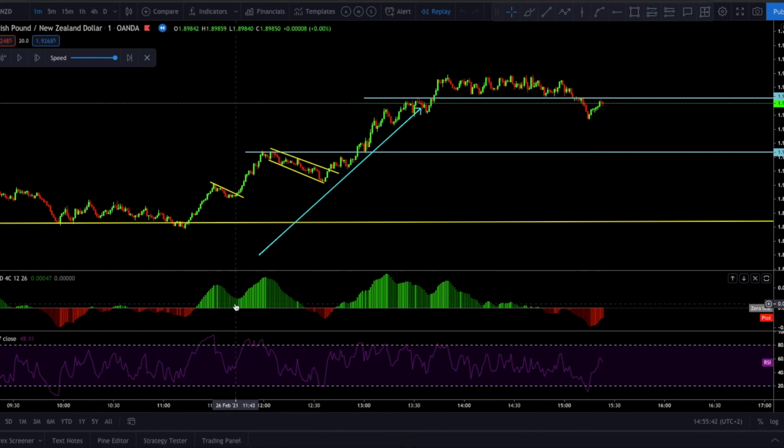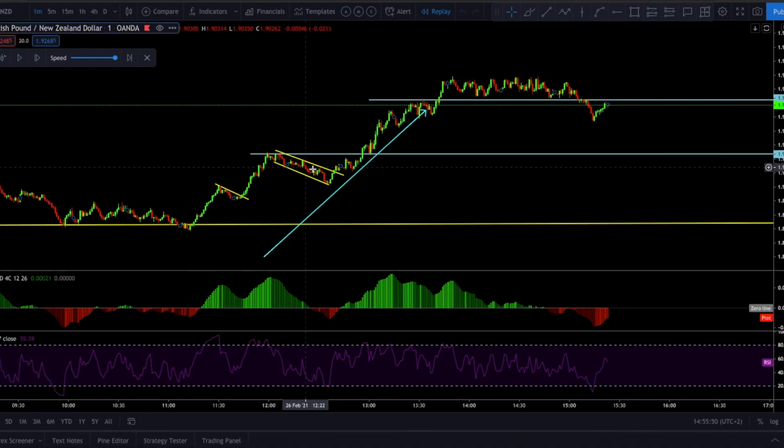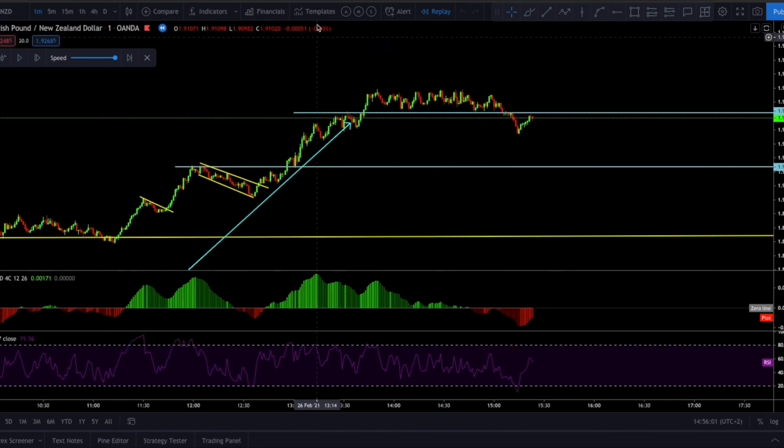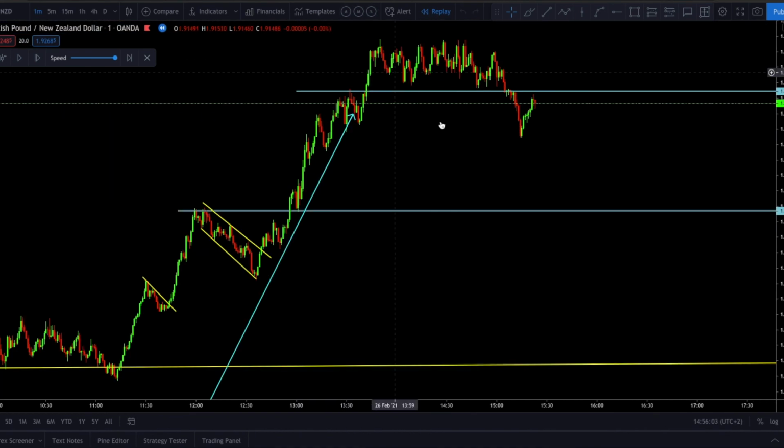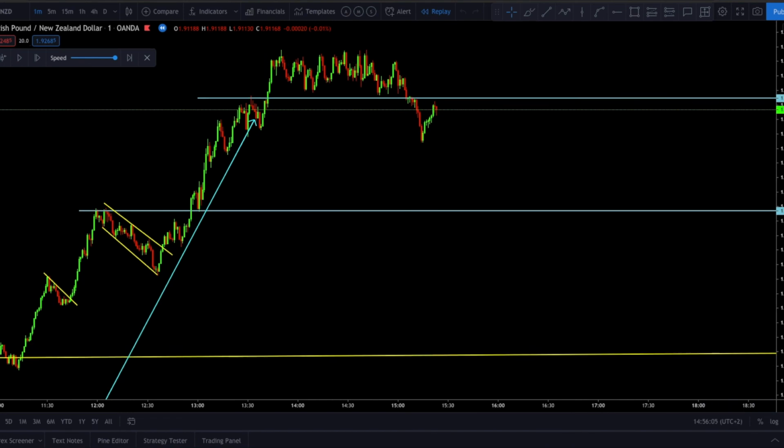You see it's approaching the 0 line, and then I get the second move. Then now there was this correction, but look at my MACD, it approached the 0 line. After the 0 line, it went up with this whole move. So that's how I use MACD sometimes to enter the trade.